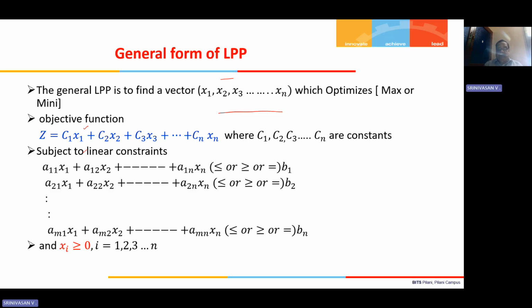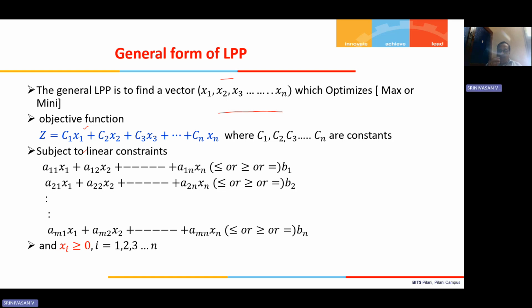General form of an LPP. When we talk about an LPP, what is the general form? How does a linear programming problem look, or what is meant by formulation of an LPP? The general LPP is to find a vector. Here vector means a row or a column matrix, normally having n components x1, x2, etc., xn.